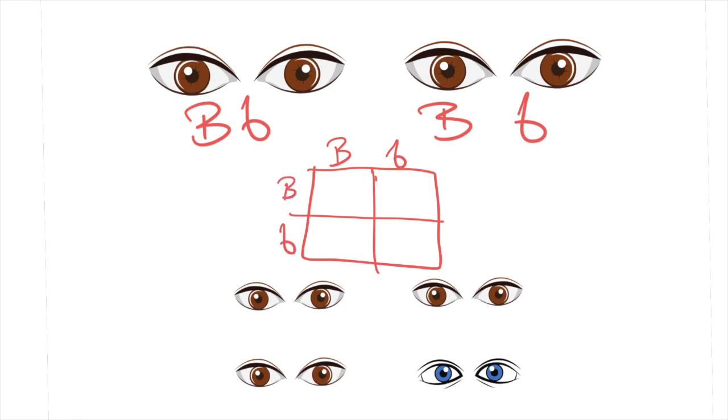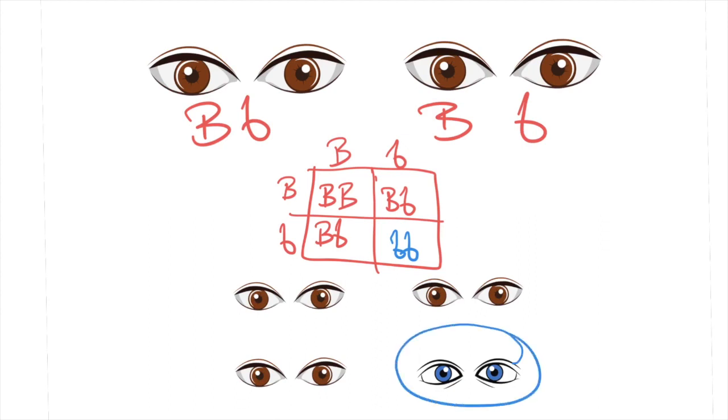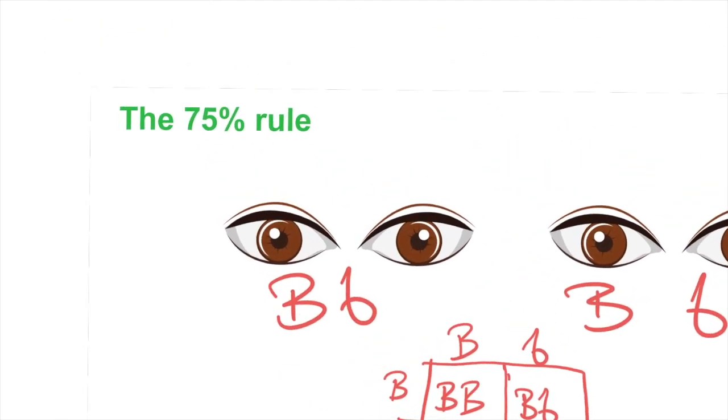So you could see that every box of these will have a B capital. It's only the last box that will have a homozygous recessive, and that will be the offspring with the blue eye color. So again, if both parents are heterozygous, then the offspring will have 75% of this particular phenotype.